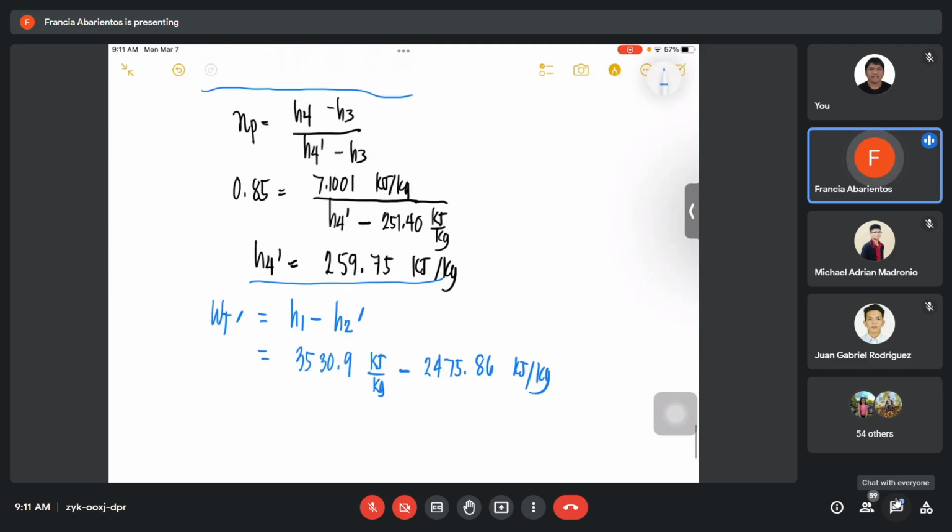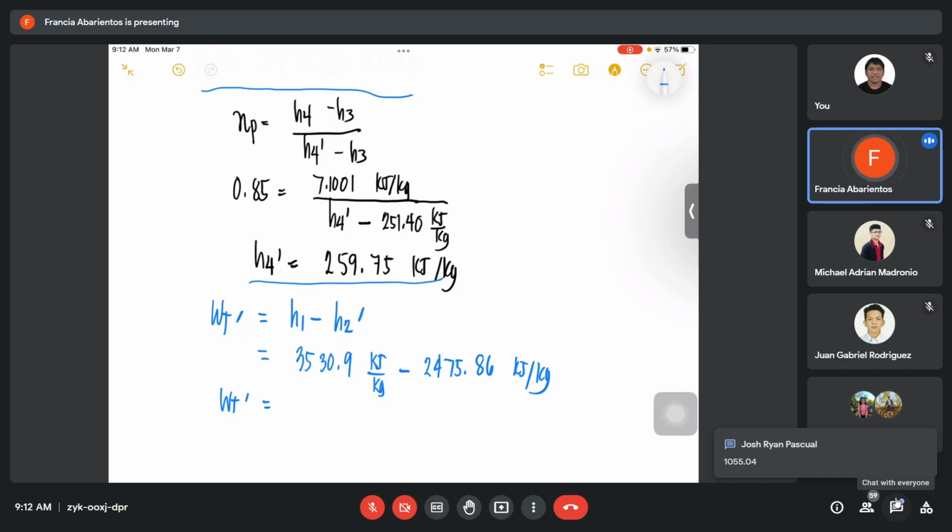What is now the actual work? Sige nga. Actual work. Work of the turbine. What is now the actual work of the turbine? Can we have it? Anyone? Actual work of the turbine, ma'am, bakit kailangan natin?